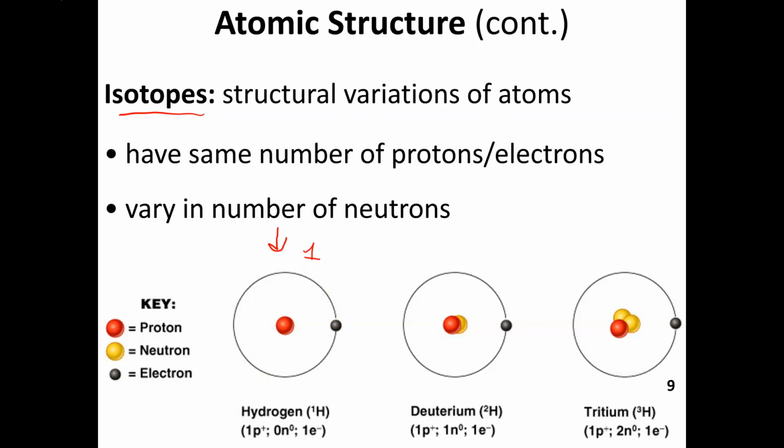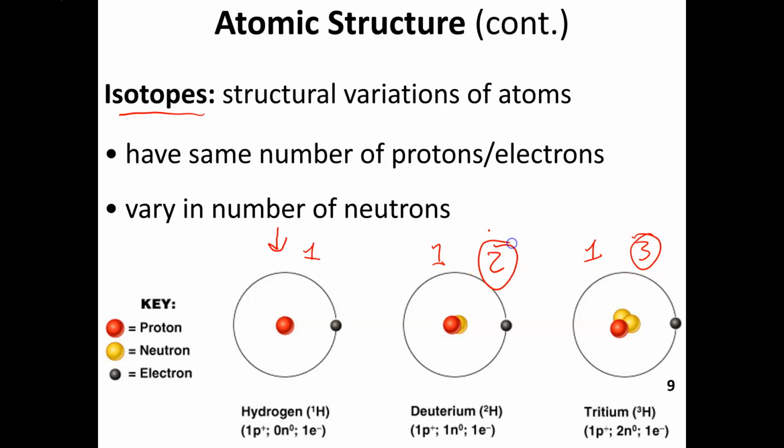But there are variations of hydrogen. Here's a variation of hydrogen that has an atomic number of 1, but it has an atomic mass or weight of 2. And here's a third variation. Still, the atomic number is the same, so it's still hydrogen, but it has a mass of 3.